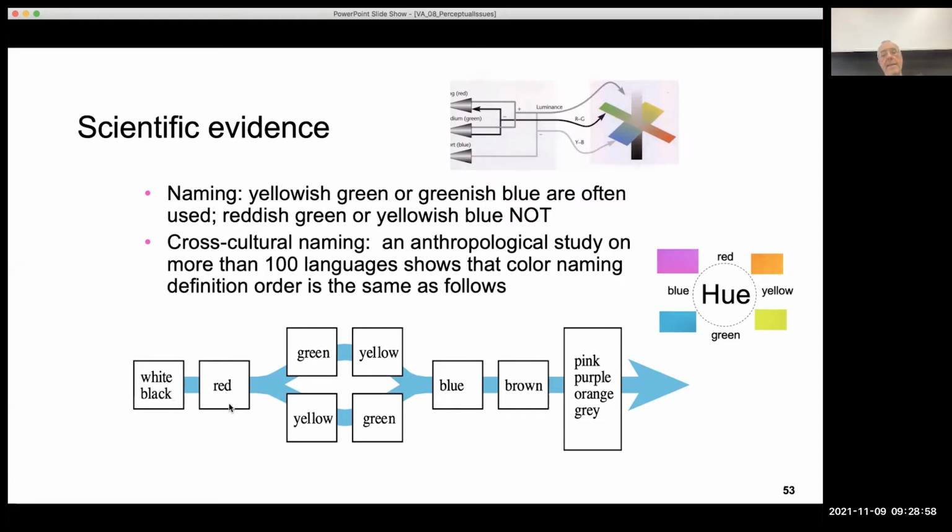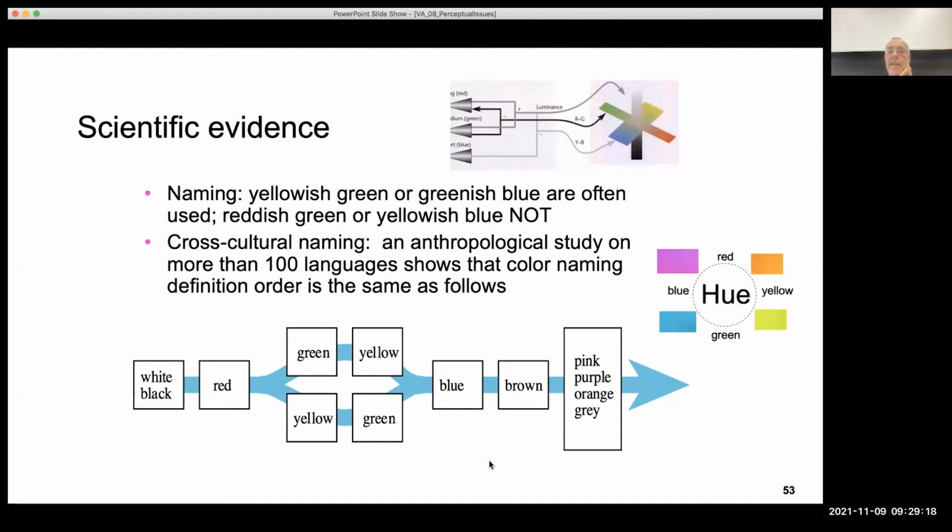I think red is in this position because of the blood. This is my opinion, my idea: red is the color of the blood, and it is important. After that, you have green and yellow, or yellow and green, coming in a different order. In the end, blue.